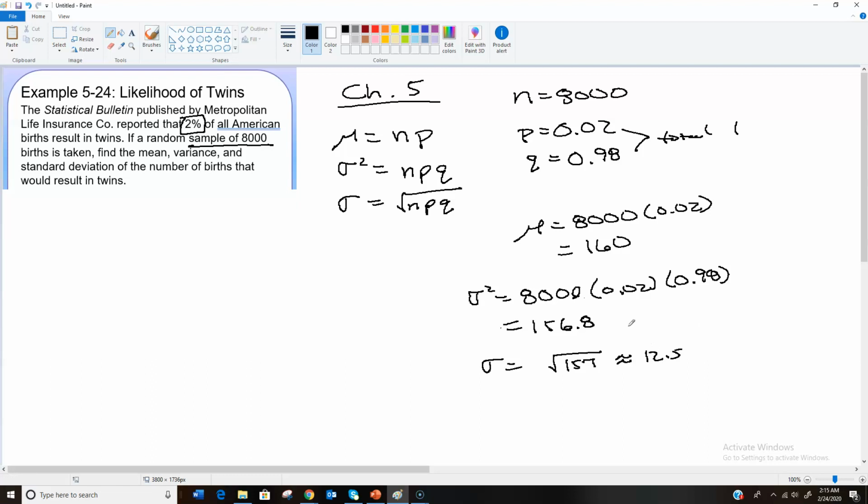So I think it would be okay to write it 156.8 and 12.5, but they actually wrote it as 157 and 13. So just watch what Connect Math asks you to write it as. And that's all we have for Chapter 5.